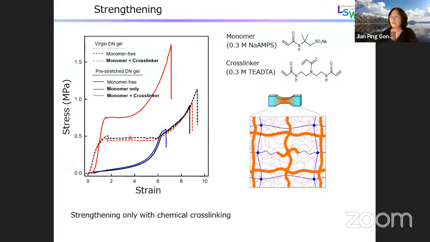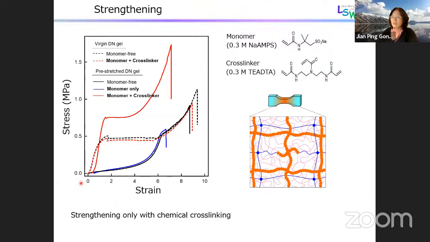And this is the result. And there are 5 curves. So the first black dotted line is the virgin DN gel. There's no monomer loading. And the red dotted line curve is also the virgin DN gel loaded with monomers and the crosslinker.